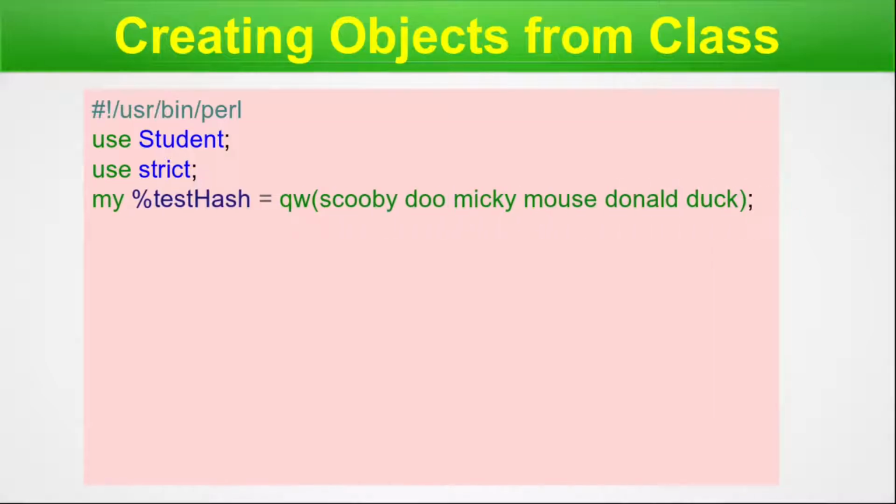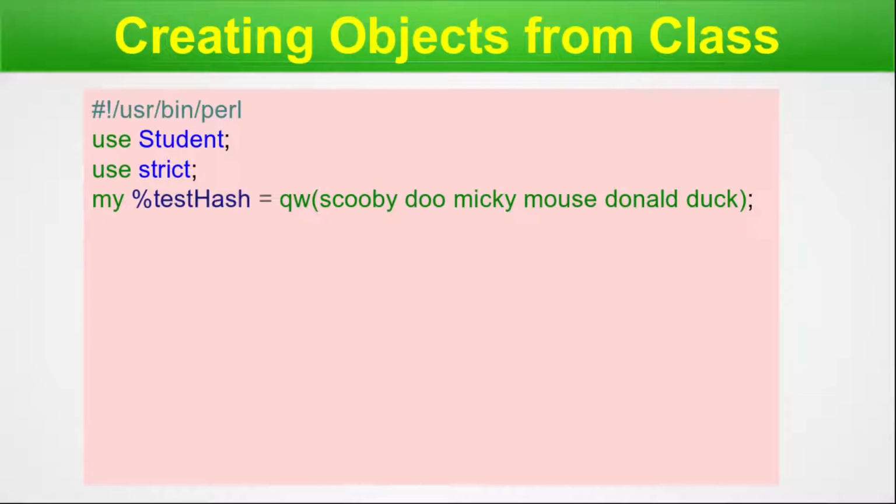Use strict as we do, and then I am writing a hash here. Now your question is why we are writing a hash here? Because I just said that in object oriented programming a hash is turned into an object. We'll see how this hash and an object differ in actual Perl. Is the blessing function actually doing anything, or is it just making us think that it is doing something?